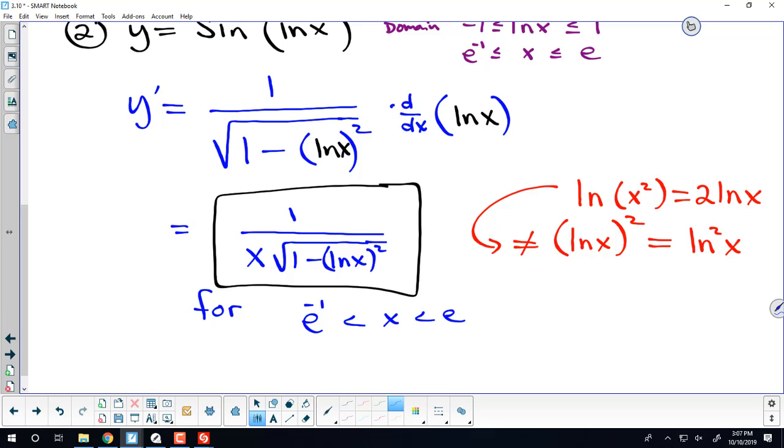So even though the function's continuous at that endpoint, it isn't differentiable at that endpoint. Going back to the very beginning, we look at a limit approaching from the left versus the right.